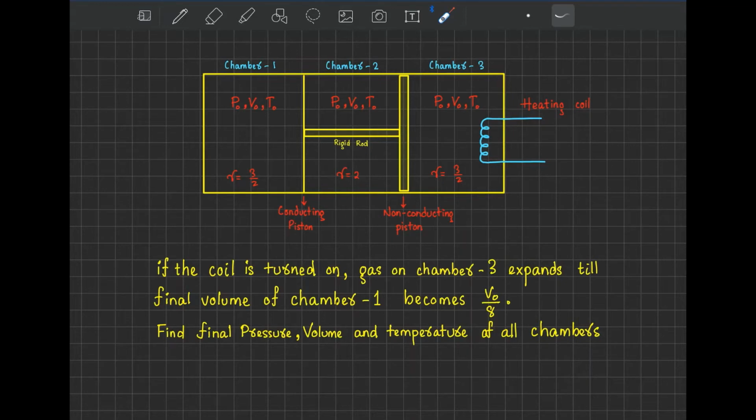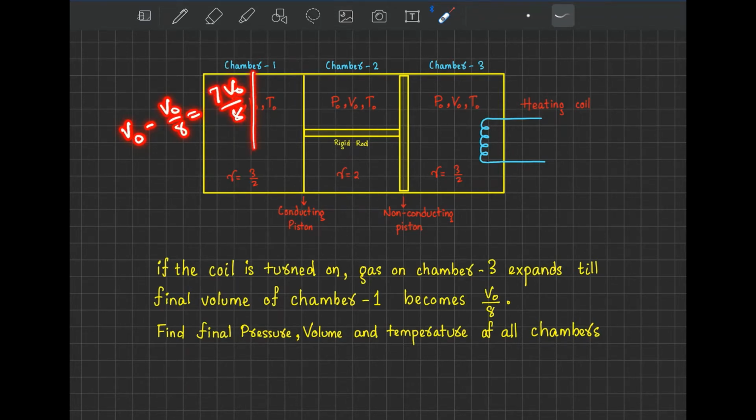So let's see what other thing is the same. Now for chamber 3, all four side walls are non-conducting in nature. But we are given a coil and this coil heats up the gas, right? So if this gas heats up and expands, and the final volume of this one is V0 by 8, the decrease in volume will be V0 minus V0 by 8, which is 7 V0 by 8.